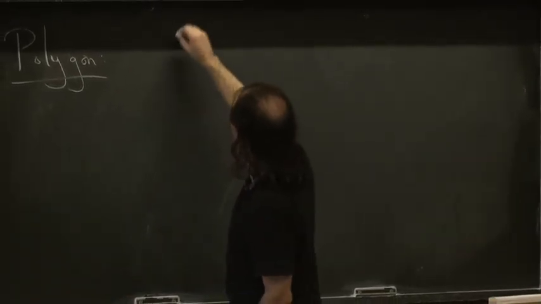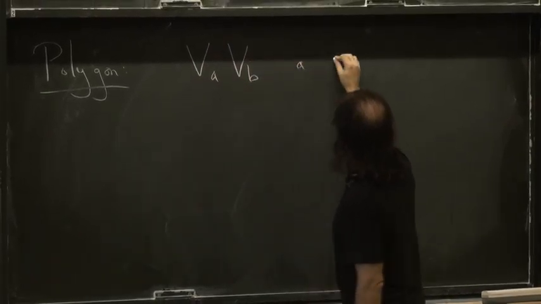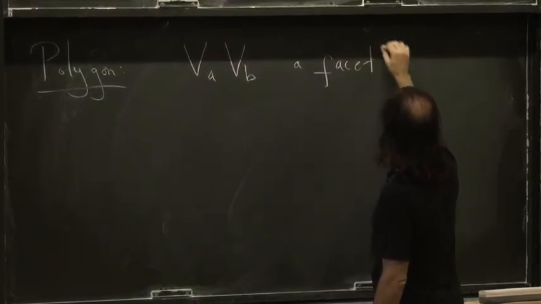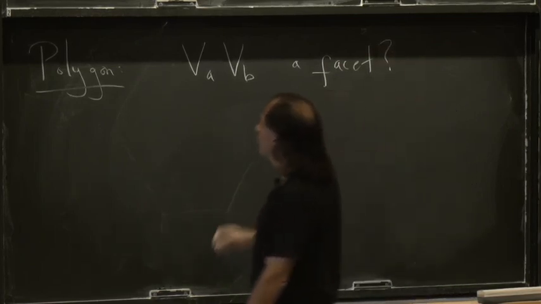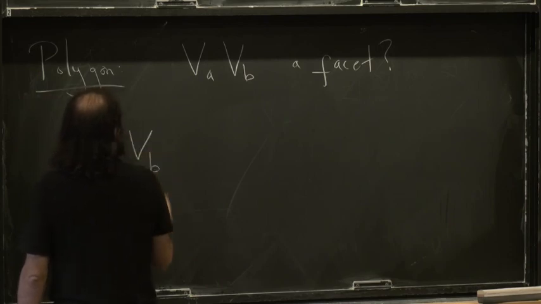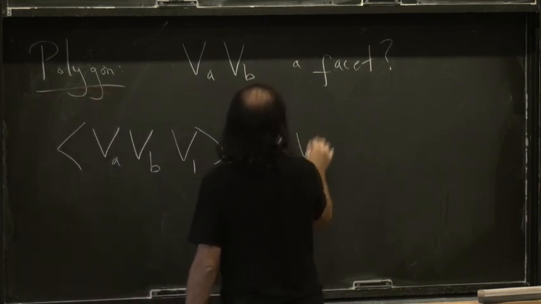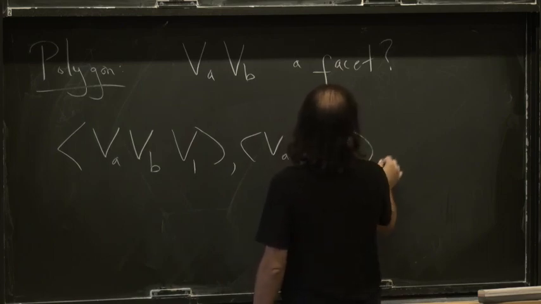Let's go back to the case of the polygon, actually. I want to know, is VA, VB a facet? In order to do that, I have to look at these minors, VA, VB, V1, VA, VB, V2, and so on.